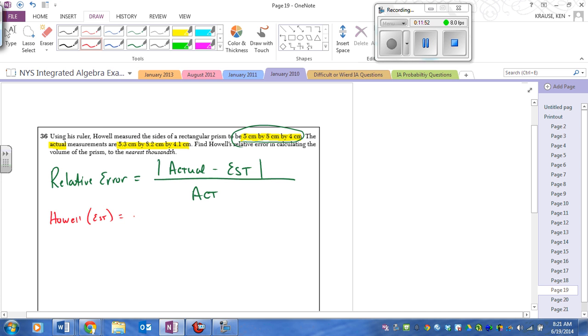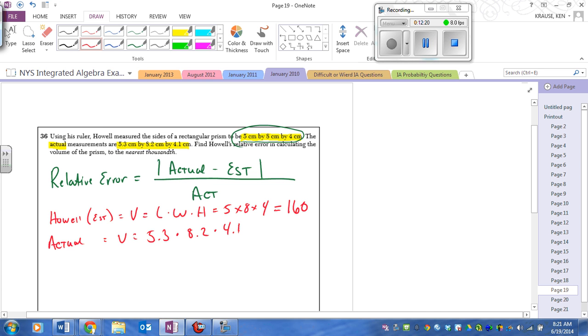And the volume, we talk about volume. So volume is equal to length times width times height. So in this case, it's 5 times 8 times 4, which is equal to, that's 20, 20 times 8 is 160. And the actual volume would equal 5.3 times 8.2 times 4.1.